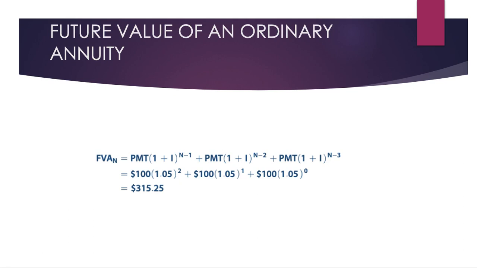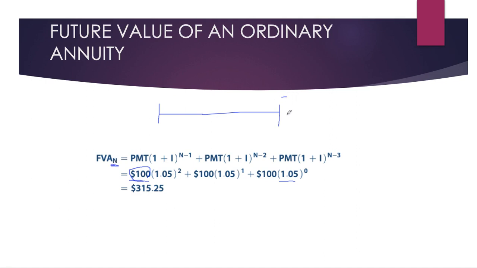So we can calculate the future value of an ordinary annuity. In the ordinary annuity, we basically have these $100 payments at the end of each year. So you can calculate the future value, because this $100 is received, remember, at the end of one year, and here we are interested in the future value at year n.